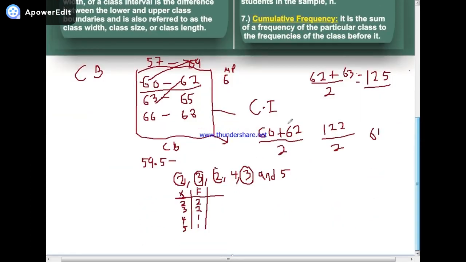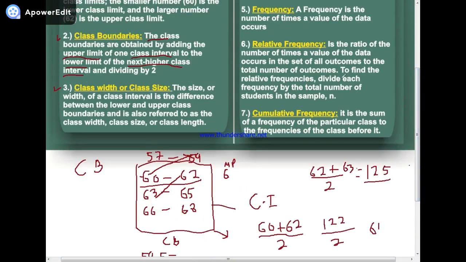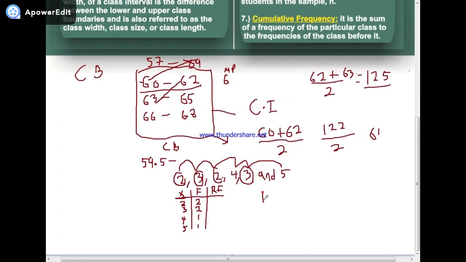Now your relative frequency, which we are going to shorten to RF, will be what? Based on the explanation above, they said divide each frequency by the total number of the students in the sample. Relative frequency will now be your frequency divided by number.